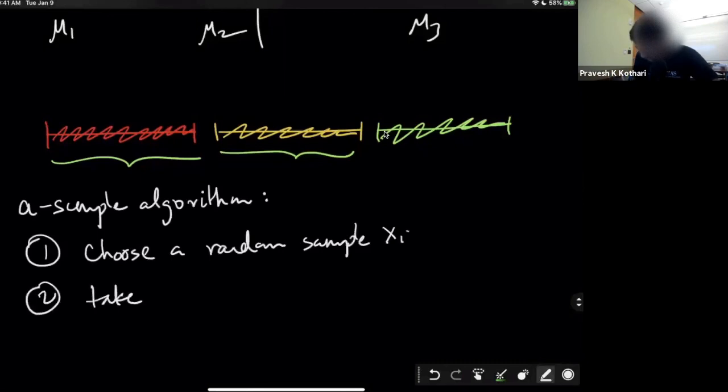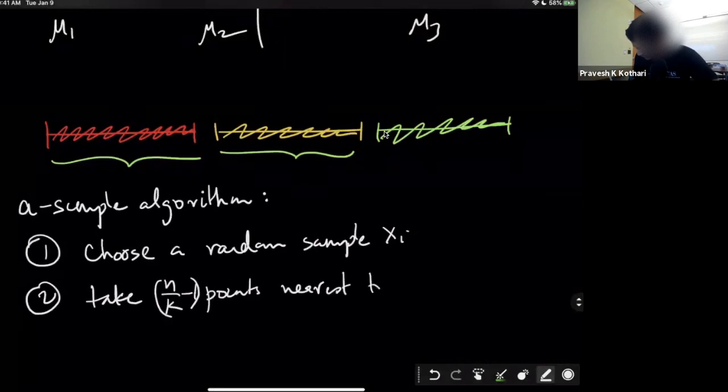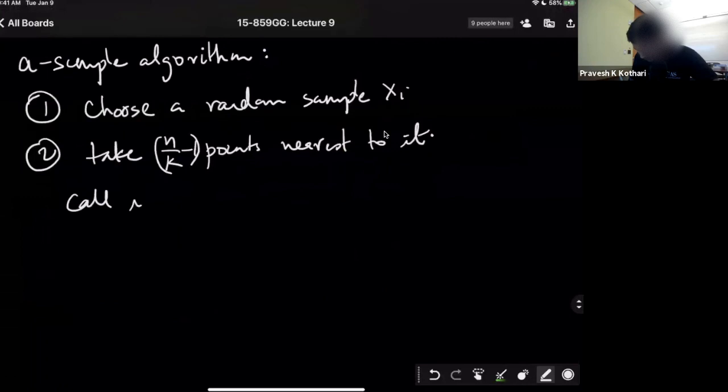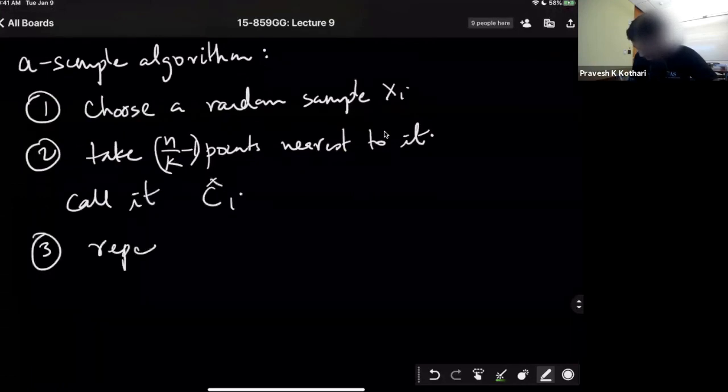Take n over k points nearest to it. Well, maybe n over k minus 1 points nearest to it. And call it cluster 1. And just repeat on the remaining points.